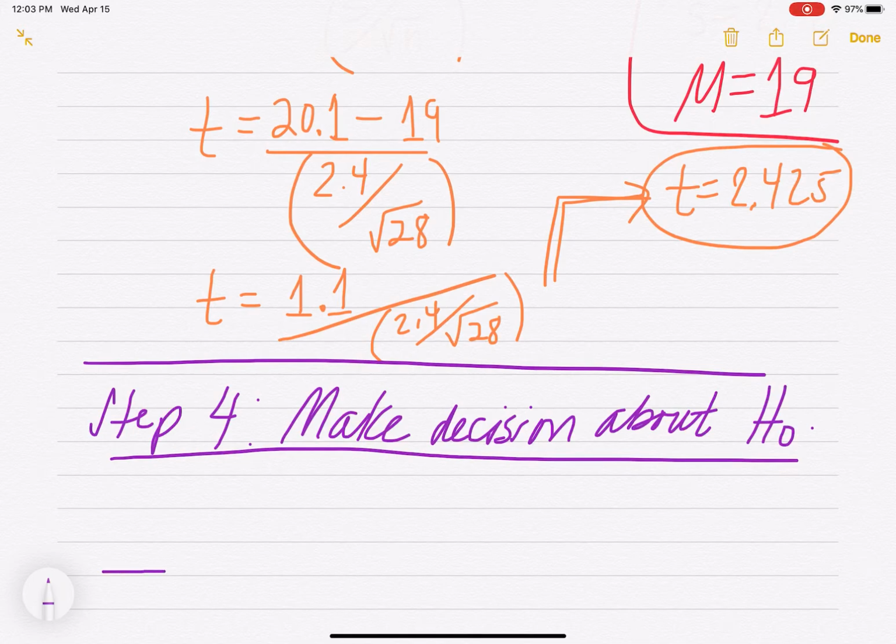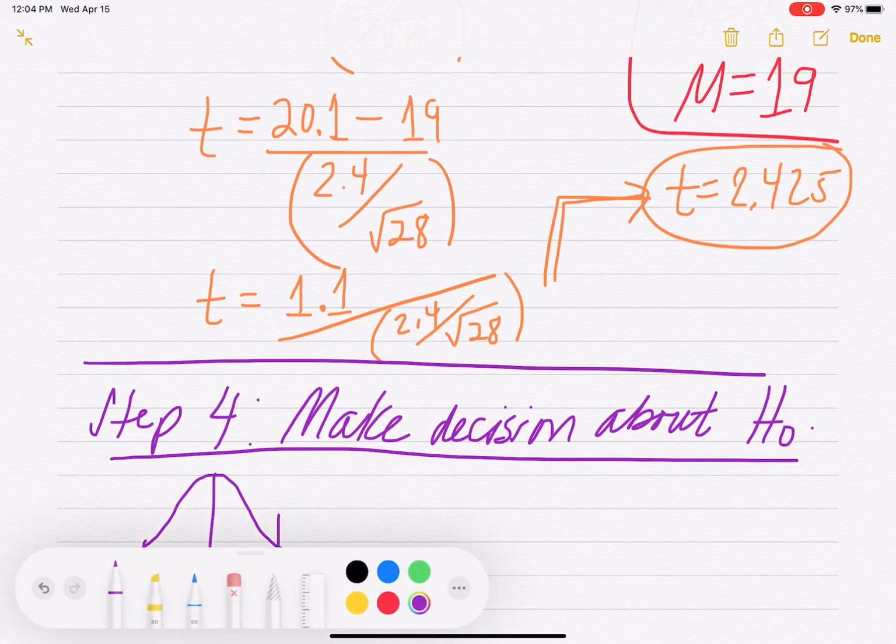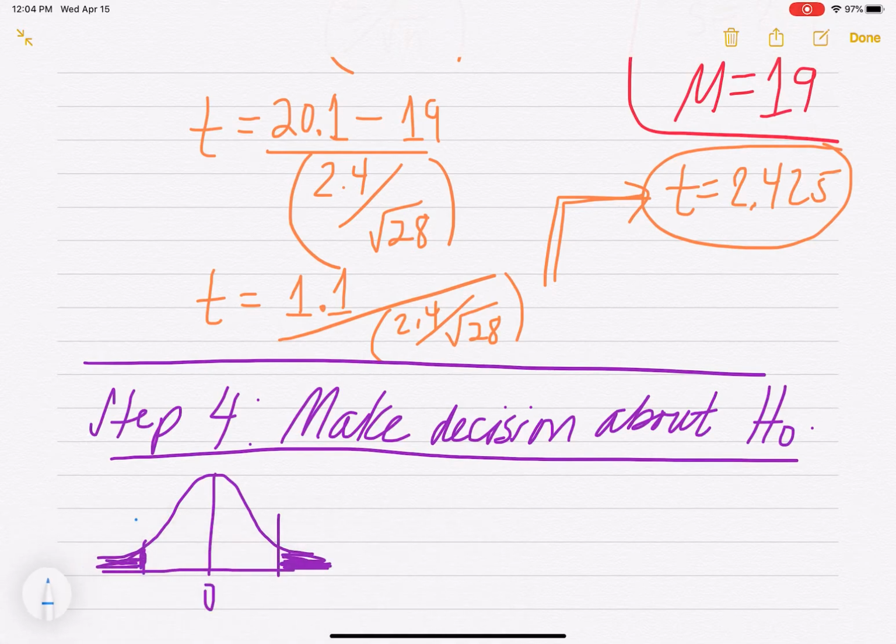If you go back and draw a picture of your t-distribution, 0 is in the center. You have these two tails here. These make the rejection region. So here on the left, remember you had t lower star, and on the right you had t upper star.